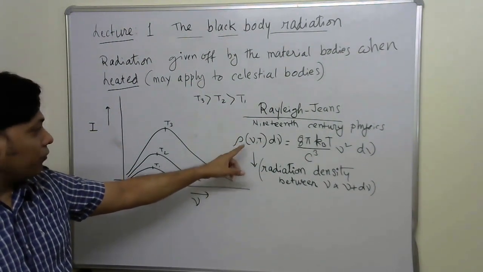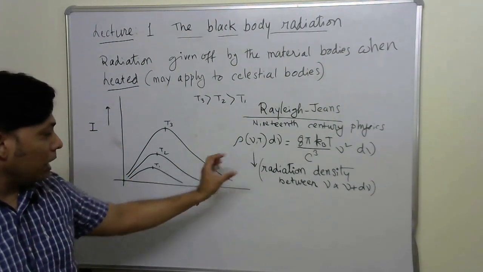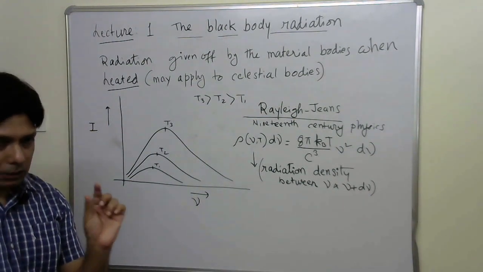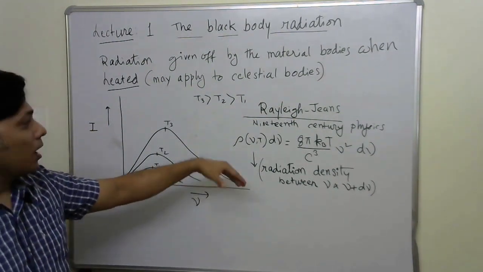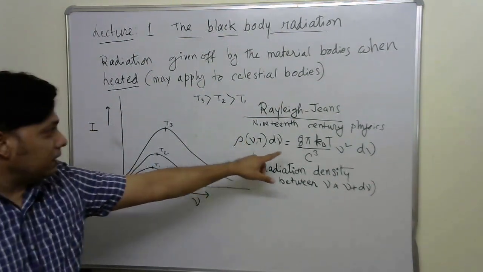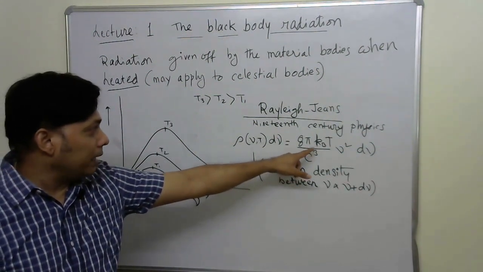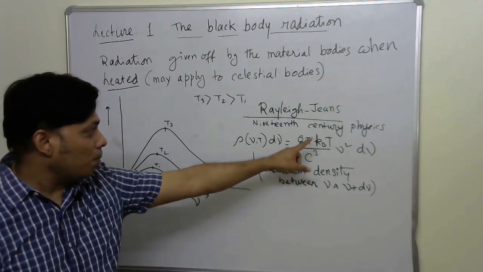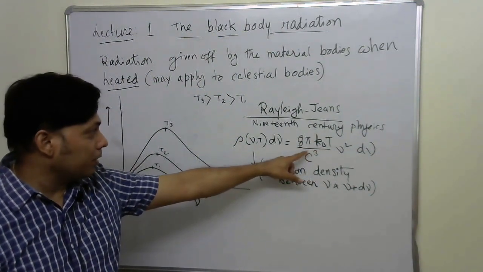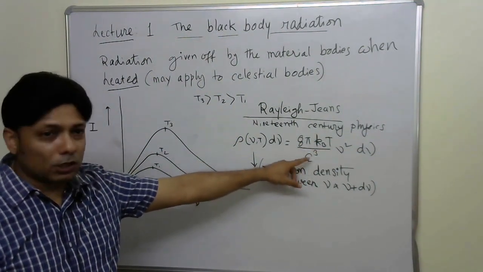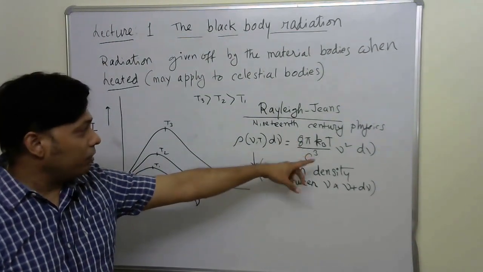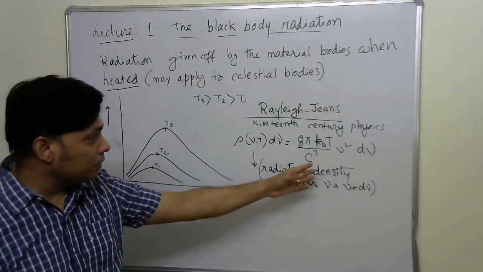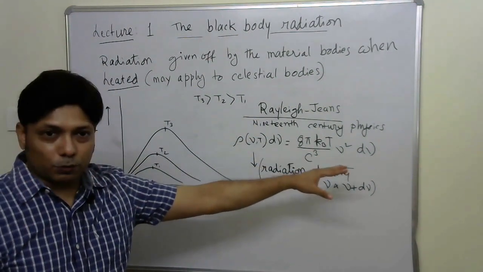So rho as a function of frequency and temperature, d nu, that means the infinitesimal change of rho, equals 8 times pi multiplied by kB, the Boltzmann constant, multiplied by the absolute temperature, divided by c cube, where c is the speed of light, everything multiplied by nu square, the frequency square, d nu.